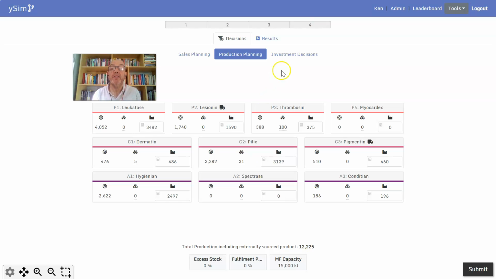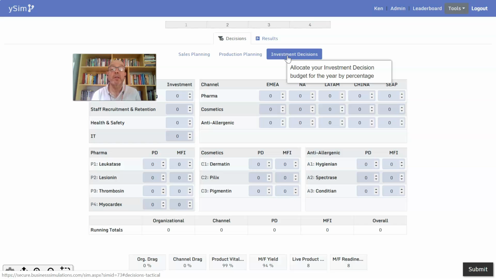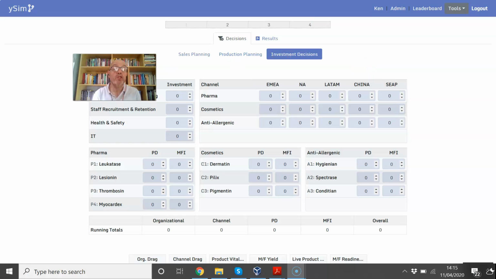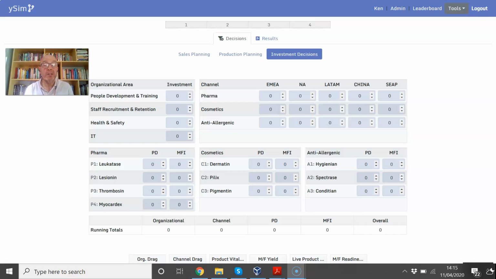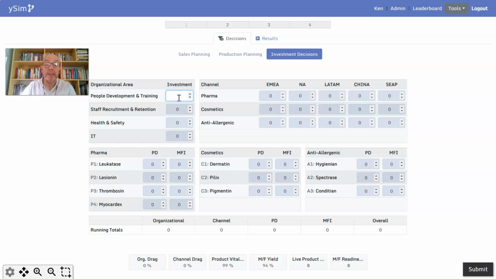The final set of decisions is your investment decisions, and this is where you make the more strategic decisions about your business. You have a budget that must add up to 100%, and you need to spend it first of all in organizational health, for example, and these spending decisions will actually be influenced by the market updates you receive in each year. And you see there the totals accumulating as you go.